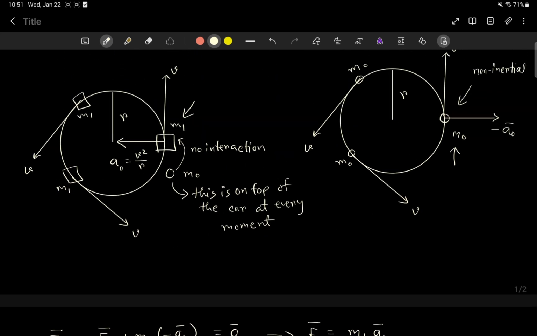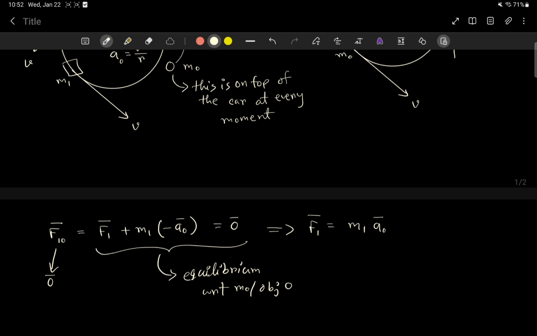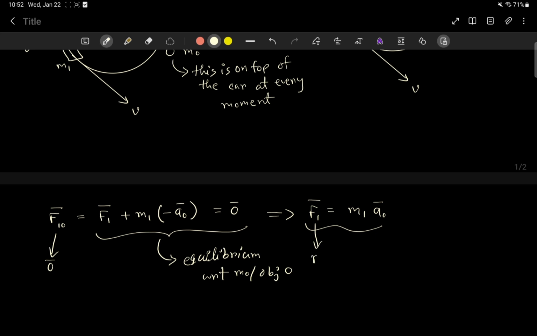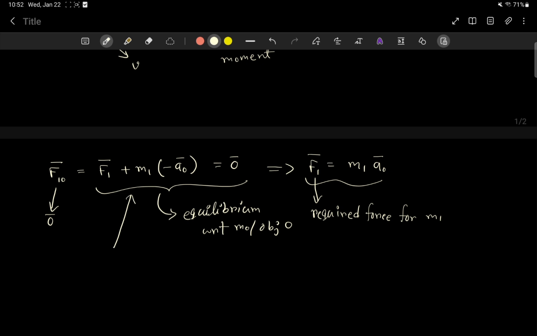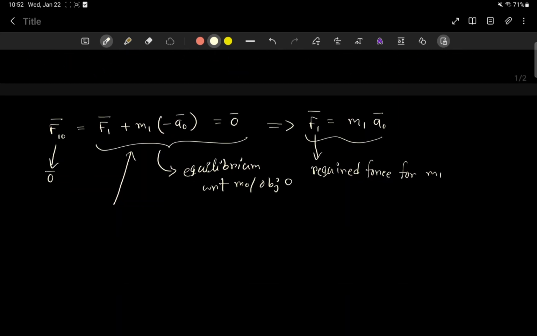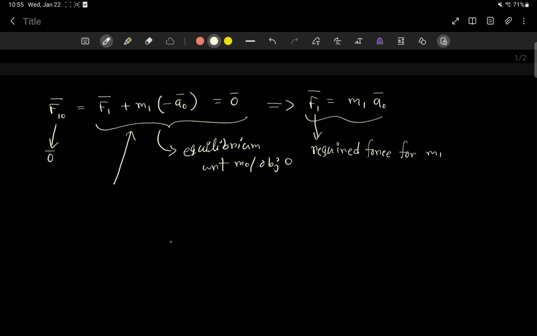These two follow the same radial trajectory, so of course they need the same acceleration, and therefore this is what we know as the required force for M1. This equation comes from the equilibrium condition.